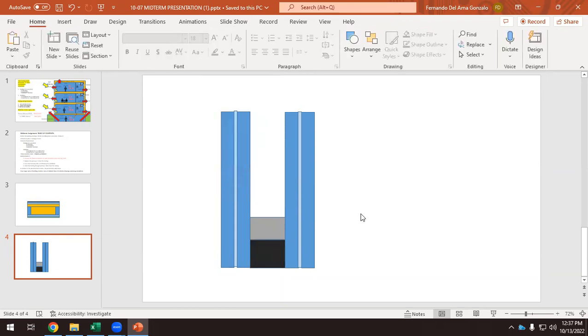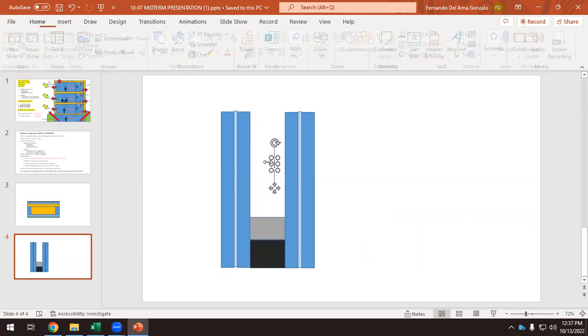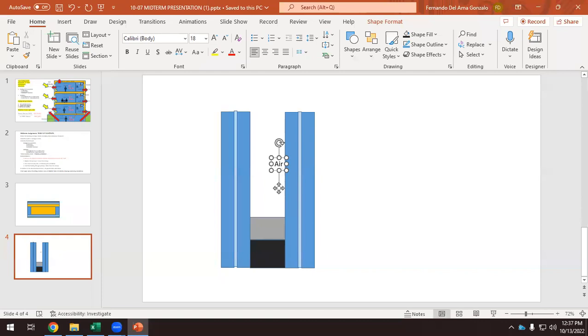Like this, that would be the double glazing. We have air or argon. We have talked about this before. Here we have air or argon. Argon is better, it's more expensive.